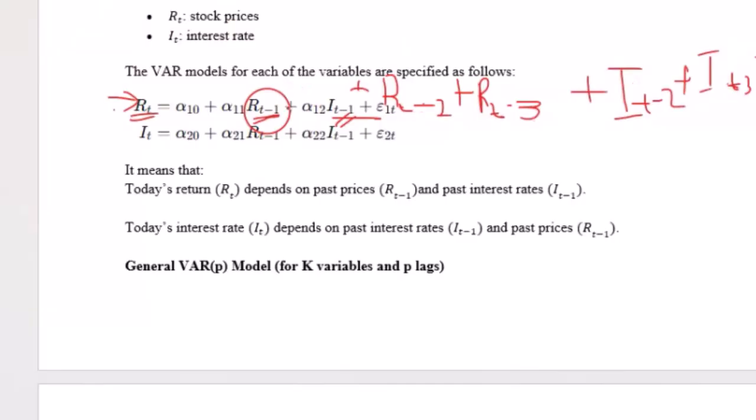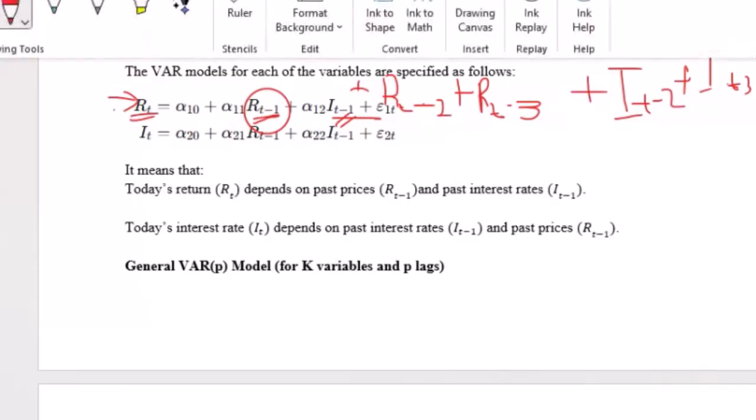So the general concept here is that this variable is affected by its own past values and the past values of any other variable in that particular model. So that is generally what we mean when we say the vector autoregressive model. That's why they are called autoregressive models. They autoregress themselves.